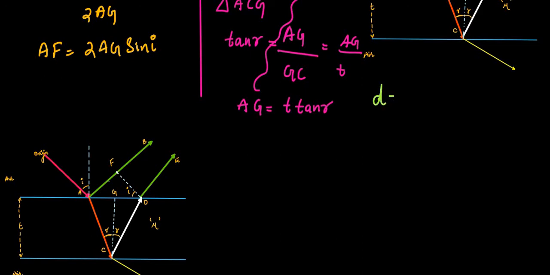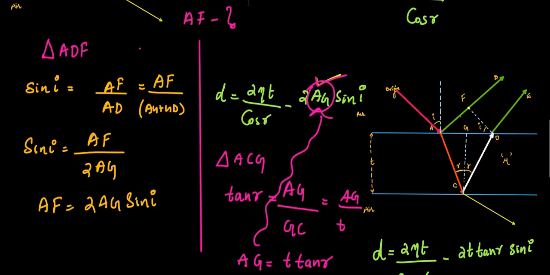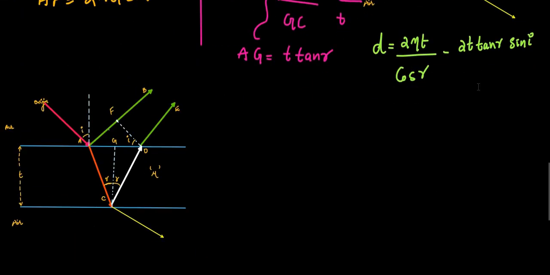So we have D is equal to 2 mu T by cos R minus 2T tan R sine I. Here we are substituting for AG, which is T tan R. So this is somewhat clear, right?